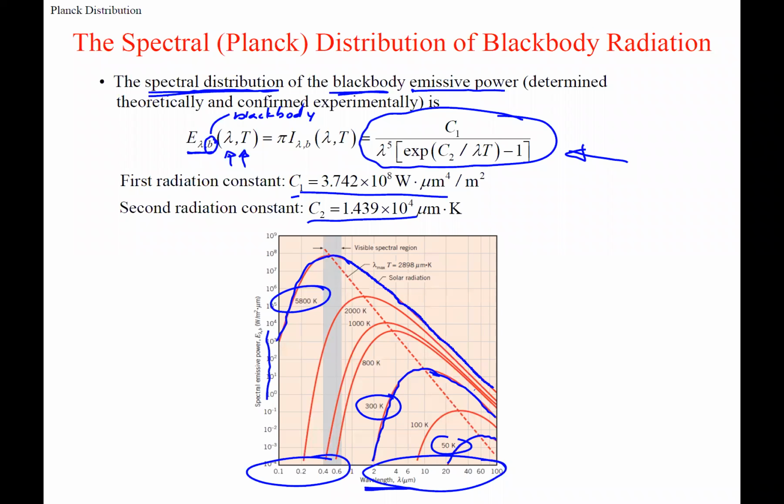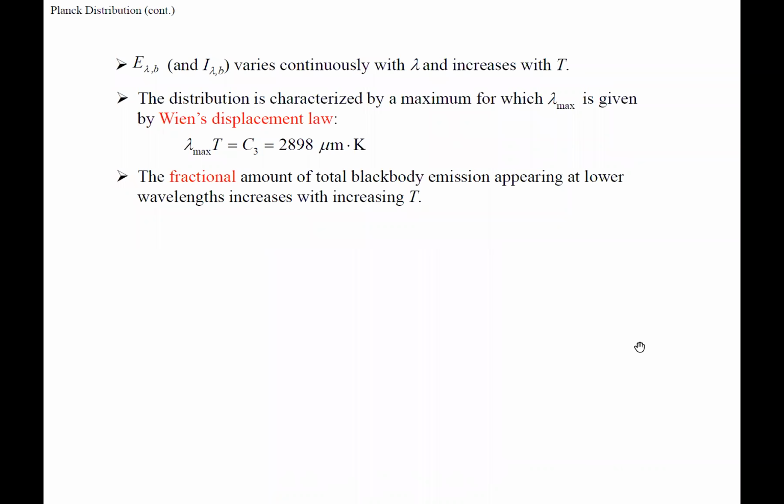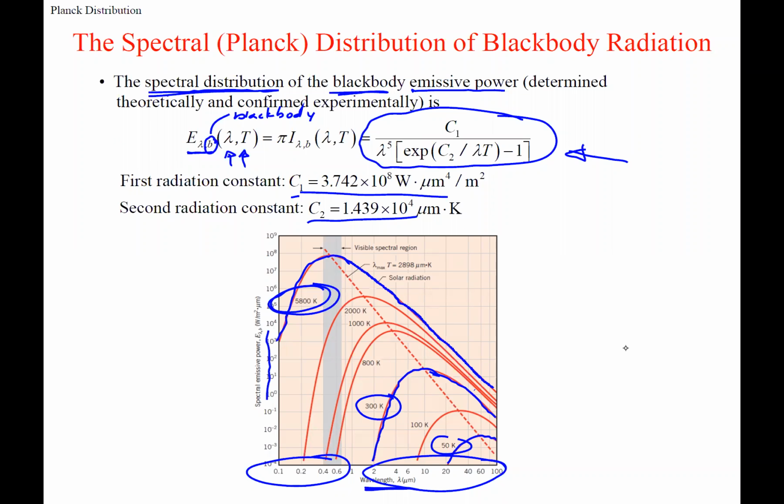The sun has a very high temperature, so we get low wavelengths. Low temperature, you get high wavelengths. You can also get the maximum wavelength that it's emitting at. That's this point here, here, here, here, here, and here.